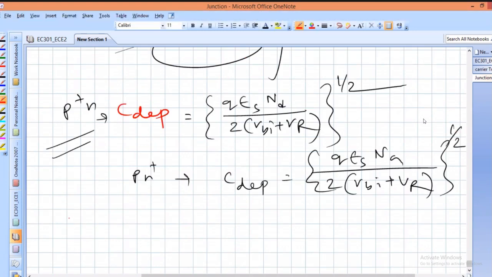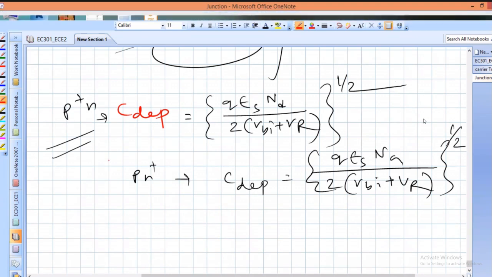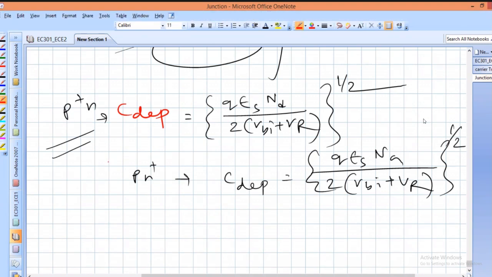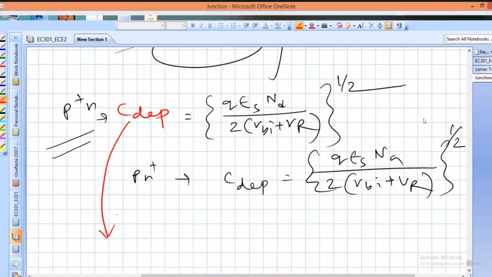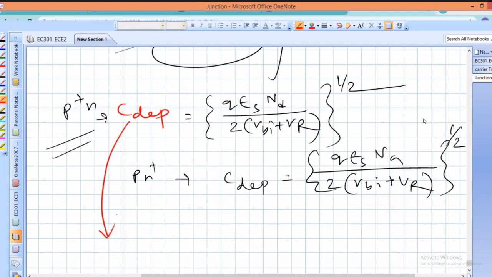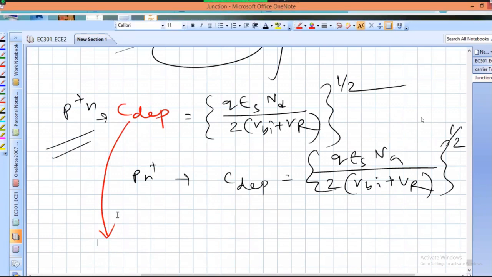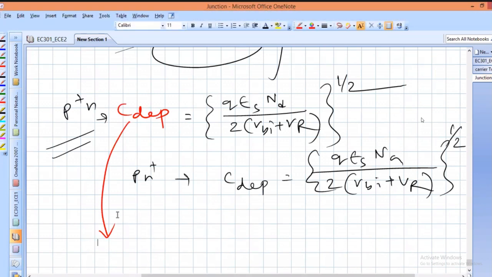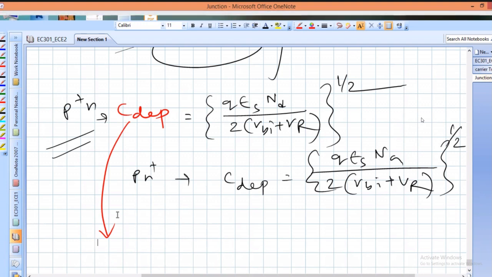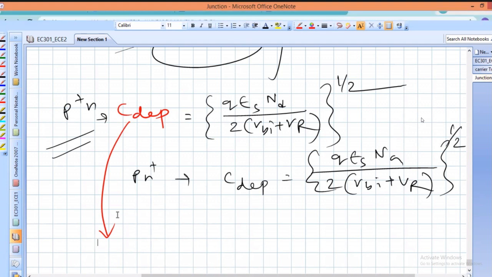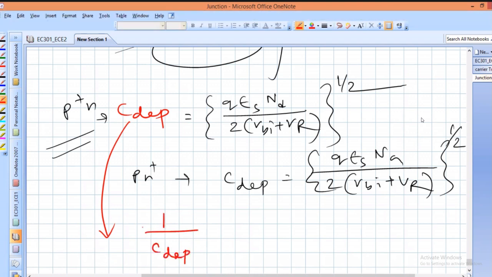Now here I wanted to validate one point. Suppose I'm considering this equation. C depletion is equal to the square root of q epsilon s Nd divided by 2 times Vbi plus Vr. Now suppose I can write down this expression in that way by removing the square root terms.